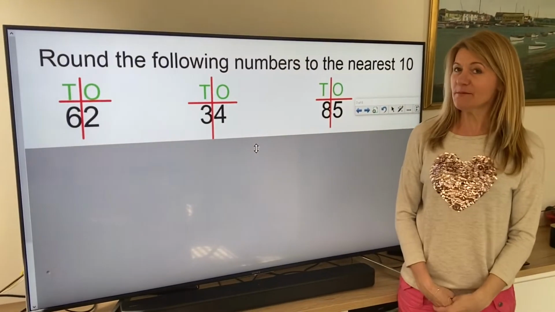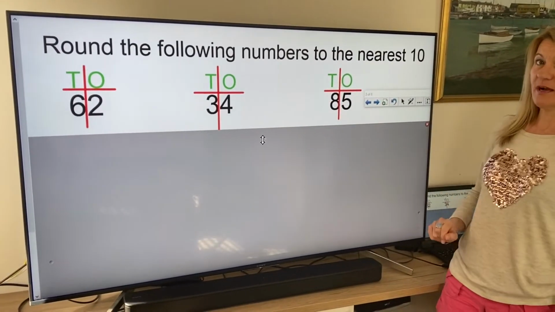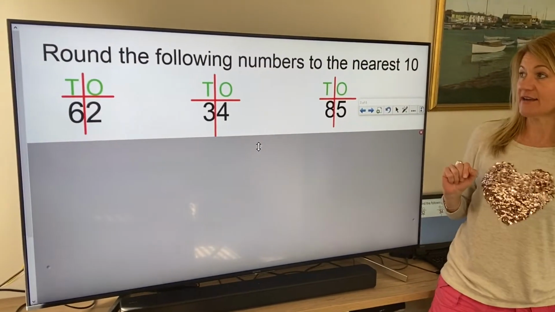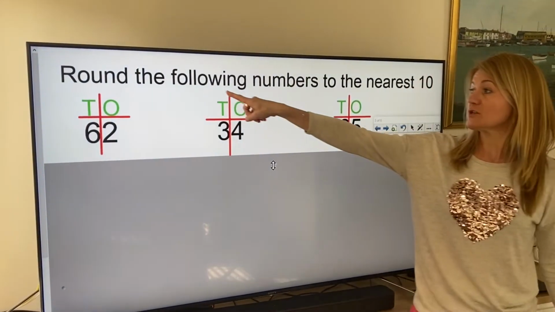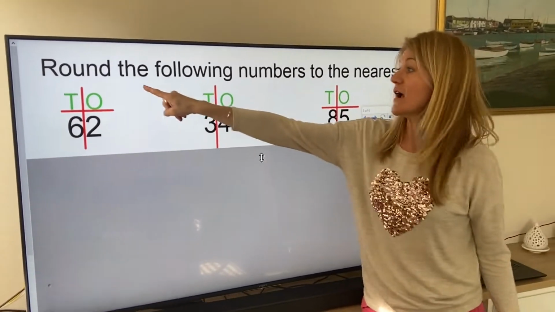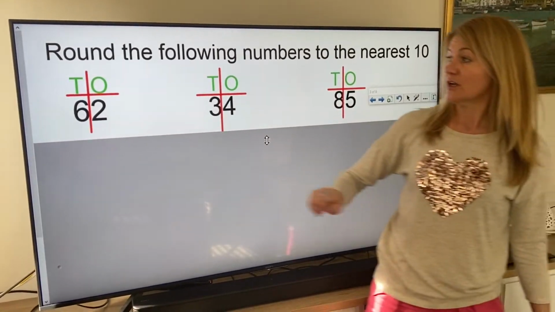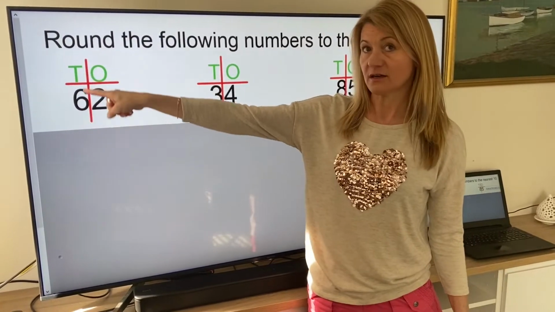Okay, so let's remind ourselves how we round a number to the nearest 10. Now you all must always read the instruction or the question. It says round the following numbers to the nearest 10. So we find our tens column.